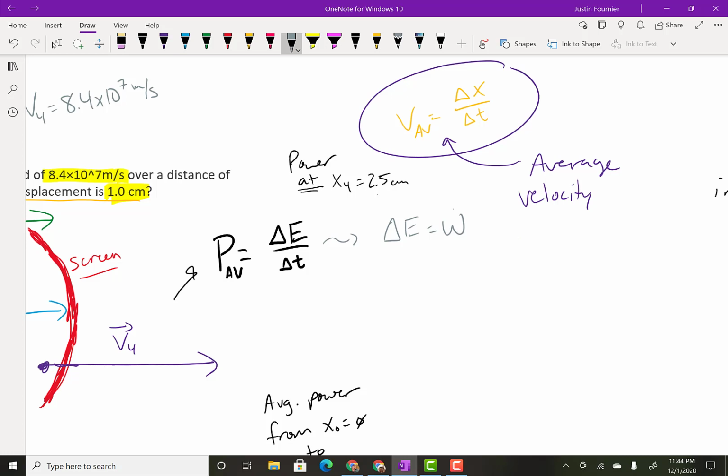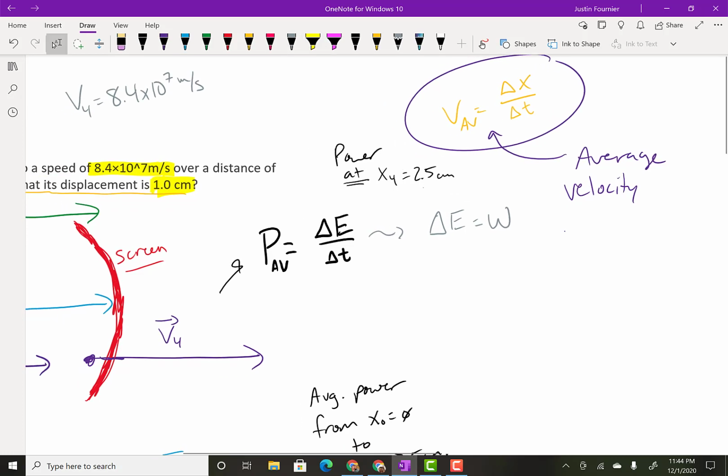Any work done on a system will change the energy of that system. So you could also write power as the work done over the change in time.